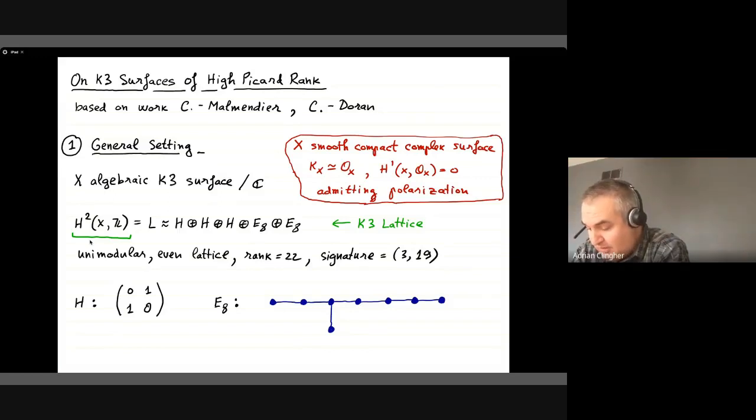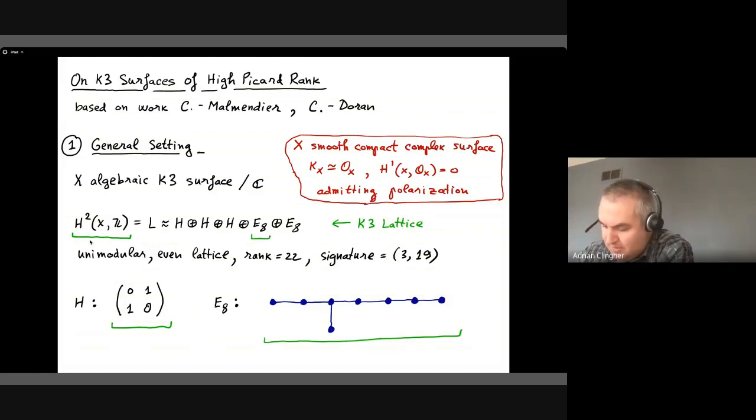It can be factored as a direct sum of 3 hyperbolic lattices, which are the rank 2 lattices with this intersection form, and 2 copies of the so-called E8 lattice, which has this Dynkin diagram. The E8 lattice depends on how one writes it here. By just writing E8, I mean the negative definite version of it. So overall, the K3 lattice is unimodular, even, has rank 22 and has signature (3,19).